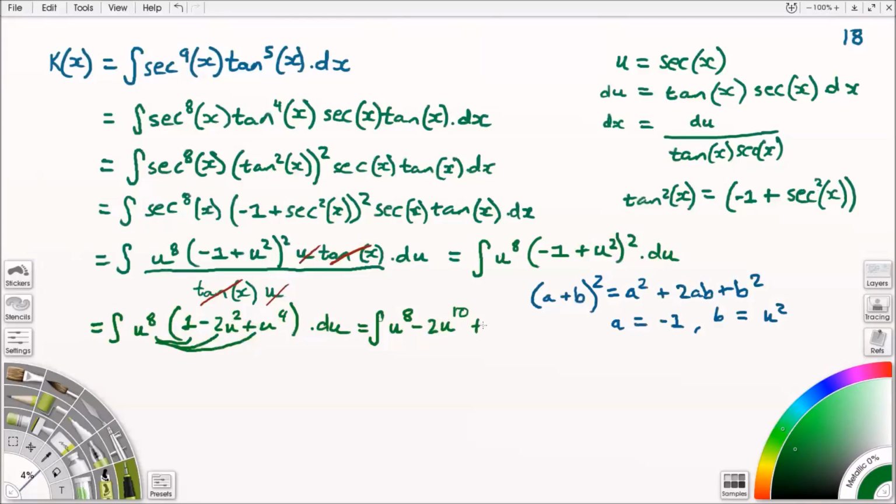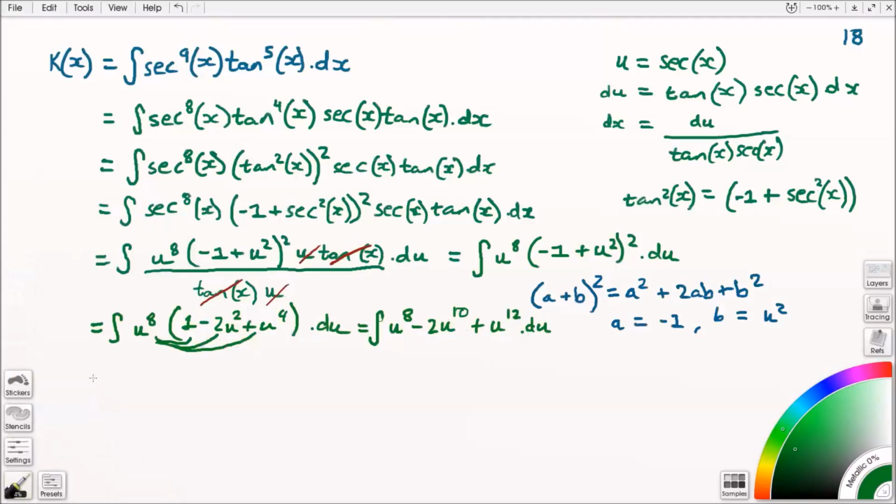And then positive u^12, I assume. I just don't want this to be the downfall here. What did I get earlier today? We'll find that. Oh yeah. So this is what we had earlier. We got that right. Good.